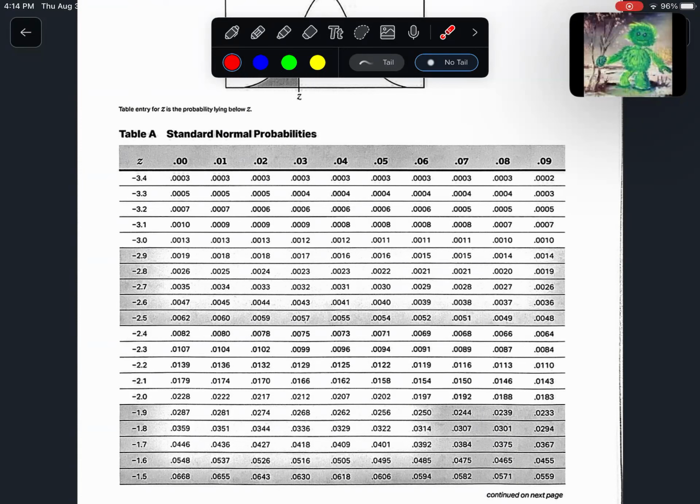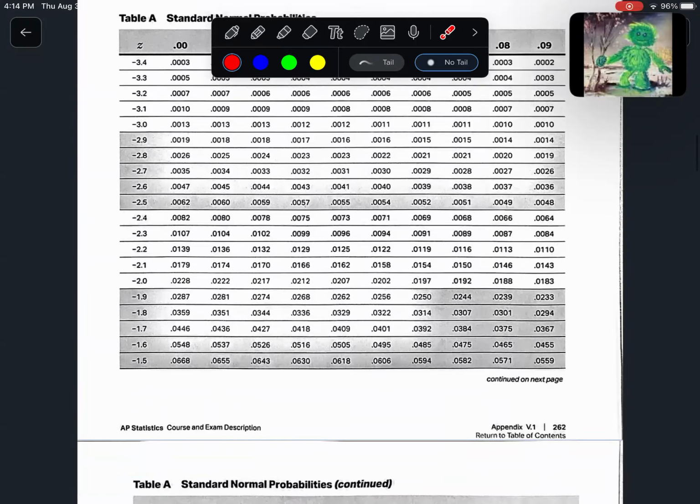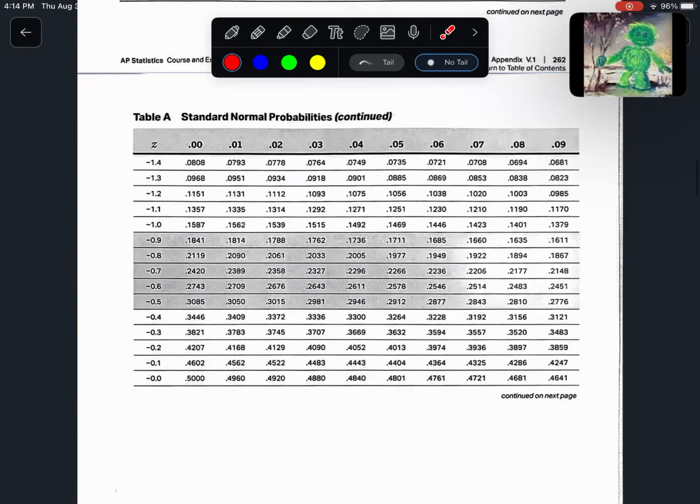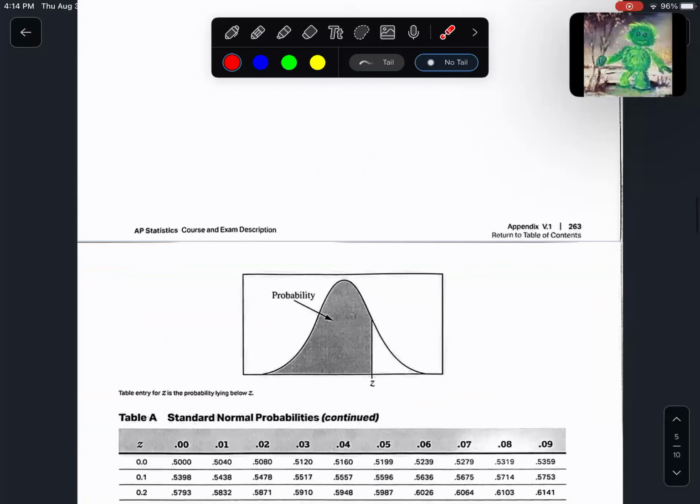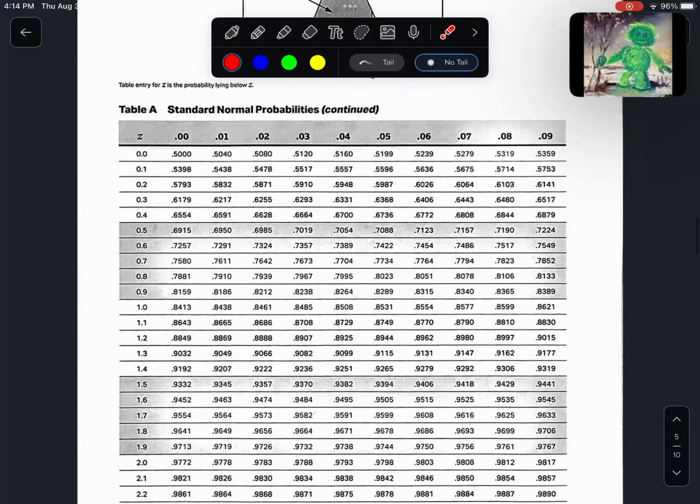It allows you, like I said, you have to calculate a z-score first. And then you're going to look up your z-score at least out to the 10th place in the first column. You'll notice all the z-scores on this page are negative, but don't worry, there's a third page that has positives as well.